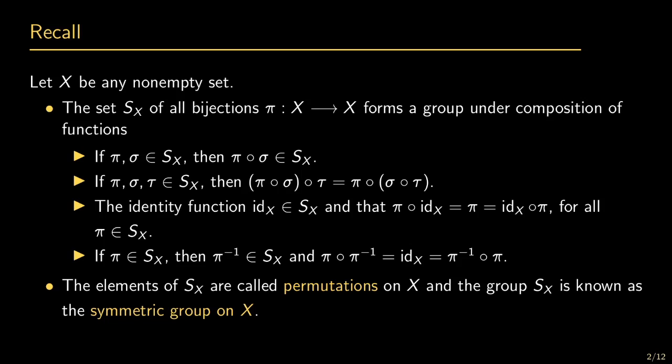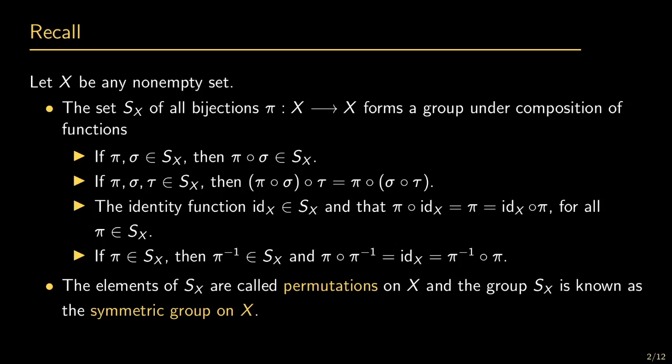Secondly, function composition is naturally associative. Thirdly, the identity function id sub X plays as the identity element, because if you compose any bijection pi with the identity function, the product is pi again.